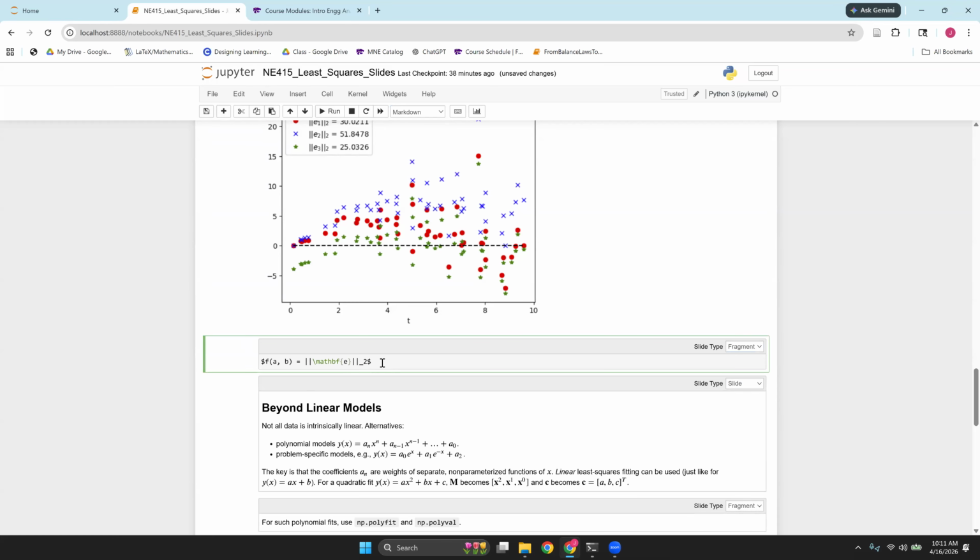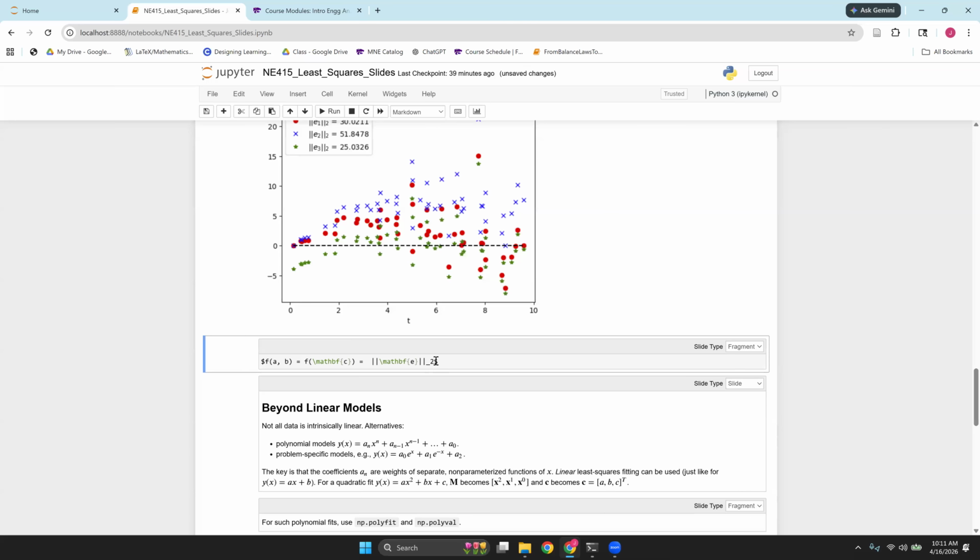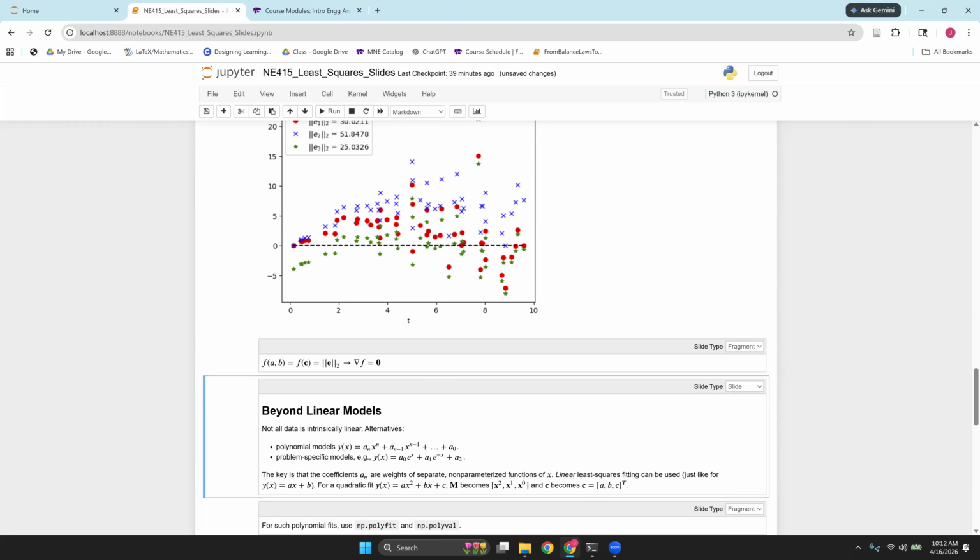And so what we need, and we could call this equivalently f of C, where C has the A and B, right? And so then we need this to be zero, right? We need the gradient of our objective function to be zero.